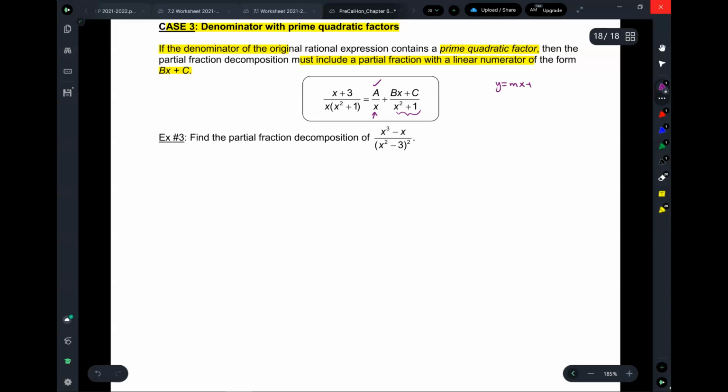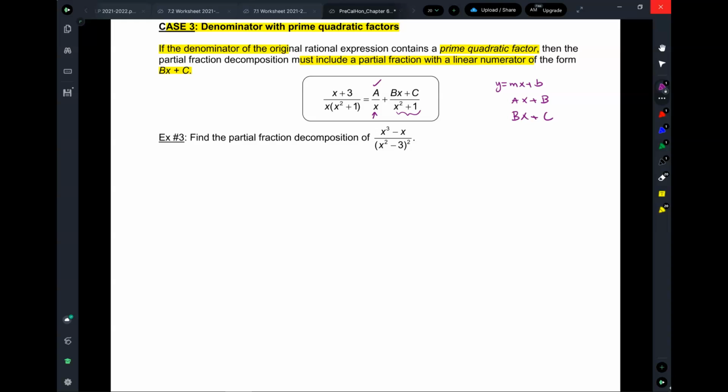Y equals mx plus b, right? What's mx plus b? Some constant, x plus another constant. Well, why is it mx plus b? Why isn't it ax plus b? Why isn't it bx plus c? Right? It could be anything you want. So, if you use A here, then this is going to be Bx plus C. Okay? Or if you had used them all, it would have been like ex plus f or whatever.